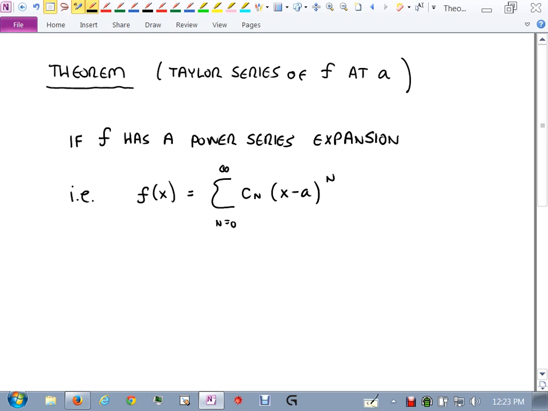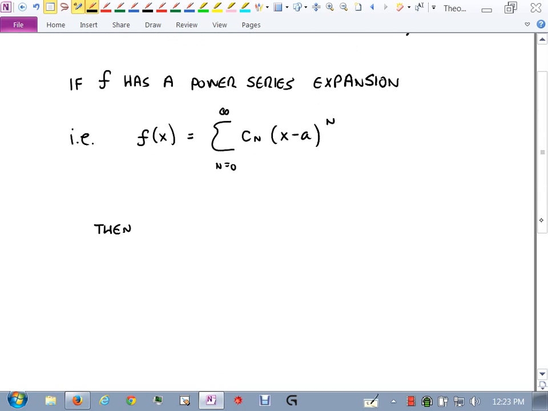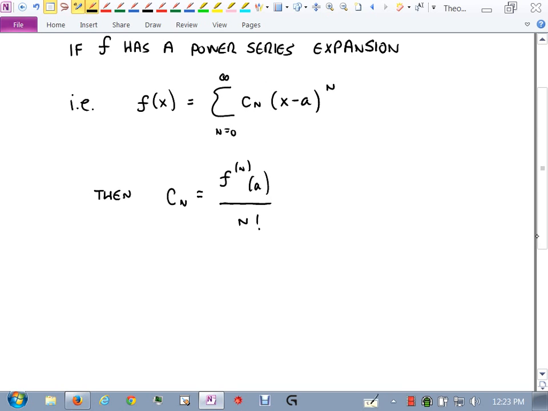If your function does have a power series expansion, if it does, then the c sub n's are equal to the nth derivative at a divided by n factorial, which in turn means that your function can be written as this power series.